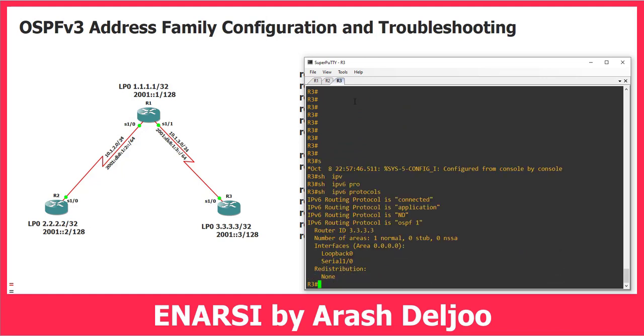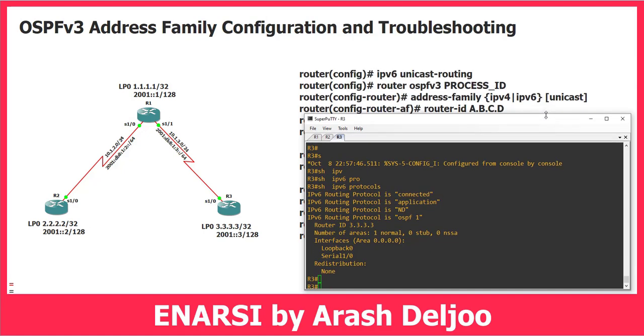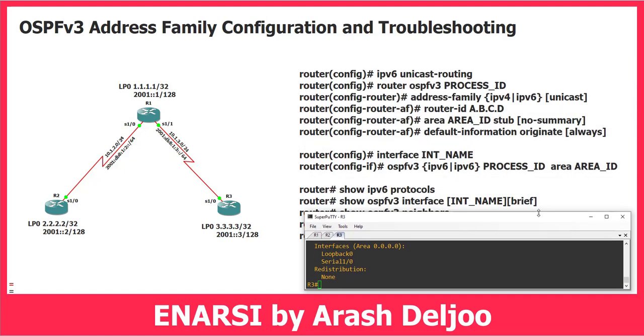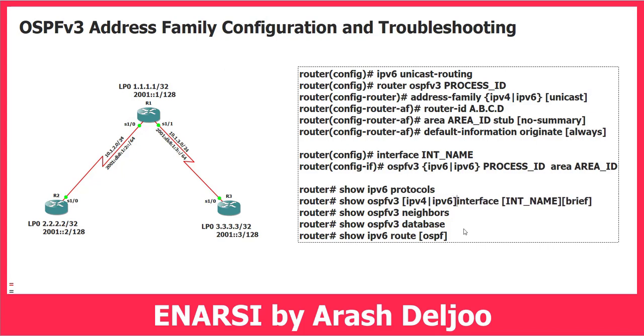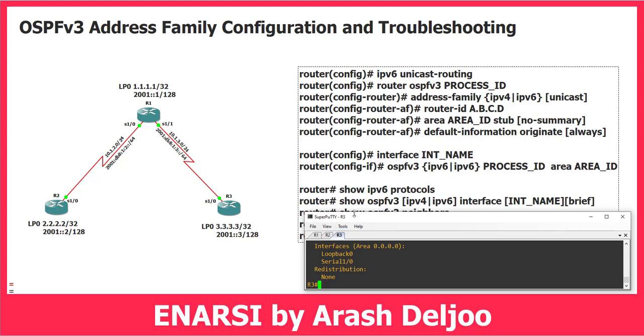That's it. After that, we can use show ospfv3 interface. Here, if you don't use IPv6 or IPv4, it shows you both the address family of IPv4 and also the address family of IPv6. But you can use the term IPv4 or IPv6 to see only the result of IPv6 interfaces or IPv4 interfaces.